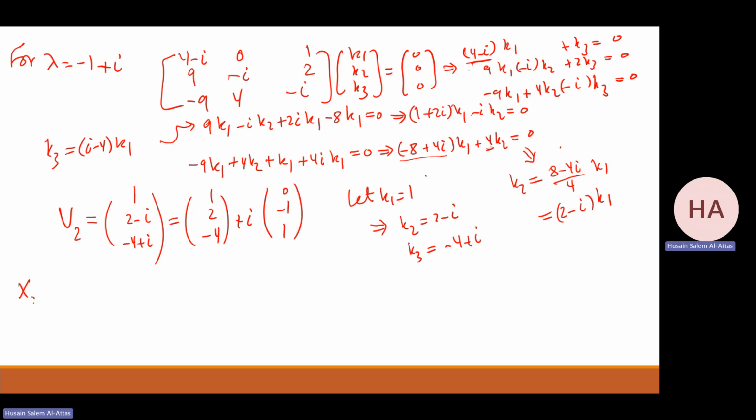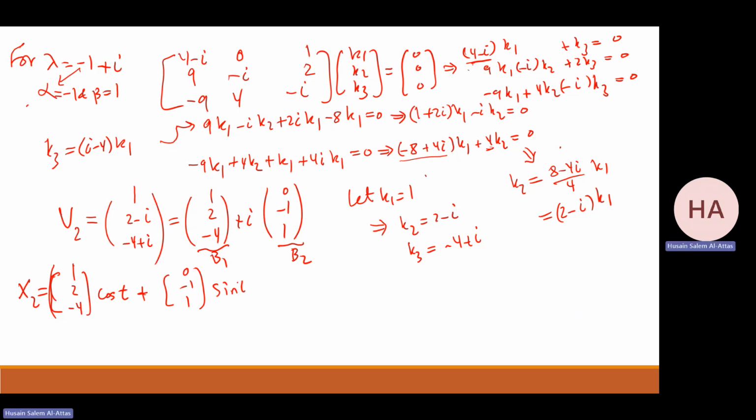So my solution x2 will be, this is B1, this is B2. Yeah, a little bit complicated. 1, 2, minus 4. This is alpha, this is beta. Alpha equals 1, and beta equals 1. So that will be cosine t plus 0, minus 1, 1 sine t, times e to the power minus t.